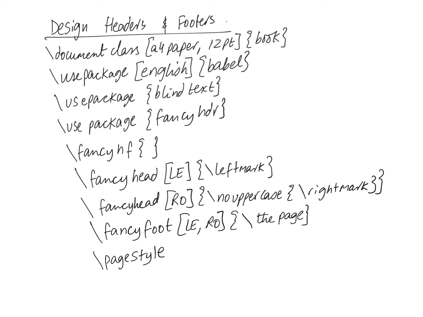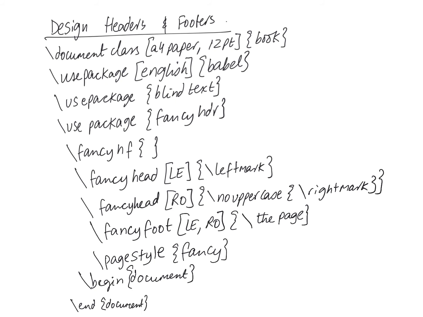Now this is all the preamble if you notice. We haven't begun the document. So then we'll go to begin document and end document. And we can put in sections and chapters and things inside.